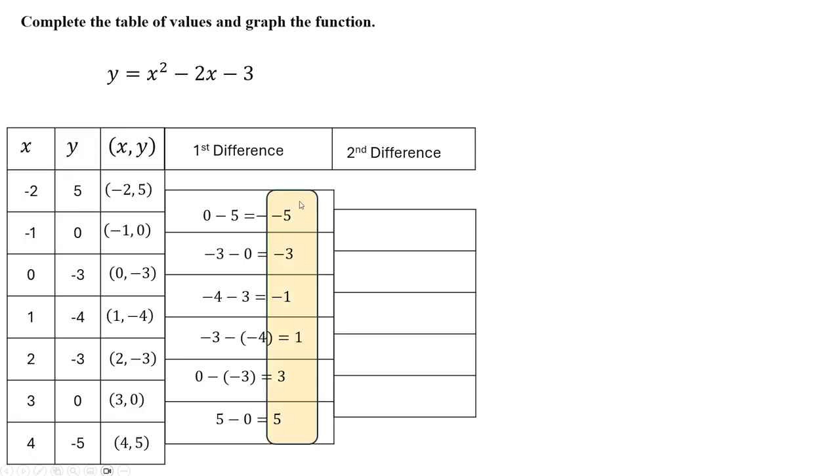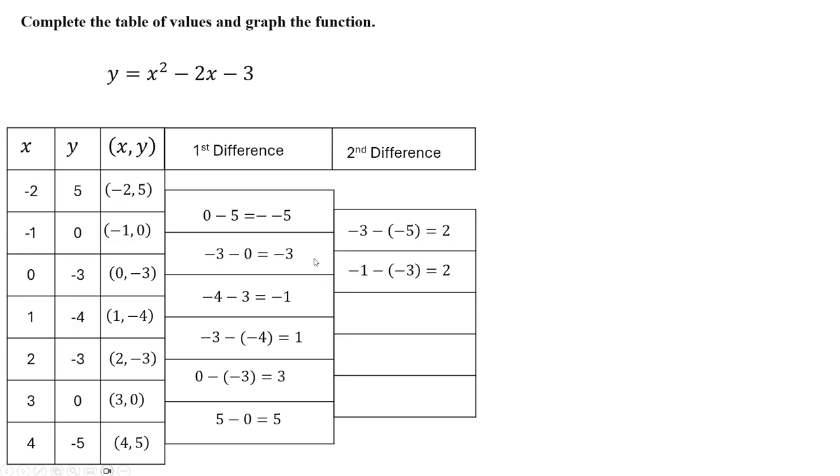As you can see, all our first differences are not the same, so we do not have a linear equation. So let's do the next one and see if the second differences are the same. Negative 3 minus negative 5 is 2.